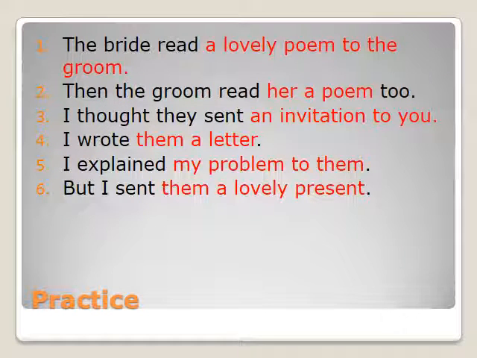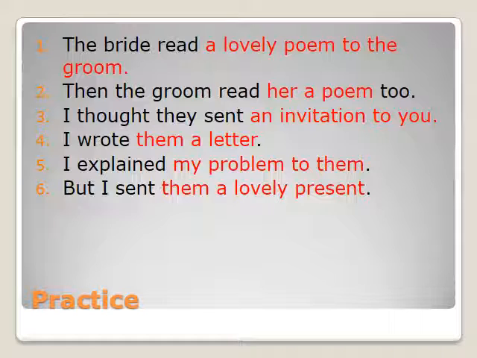All right. Now here, let's look at the answers. So the first one says, the bride read a lovely poem to the groom. So in this case, the direct object, the bride read what? The poem. And we say to the groom, the indirect object.